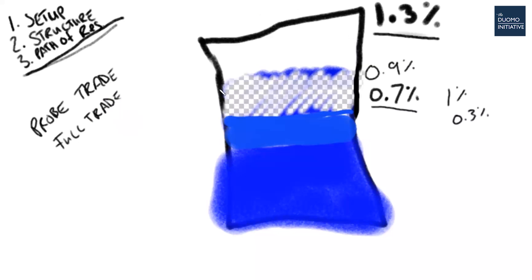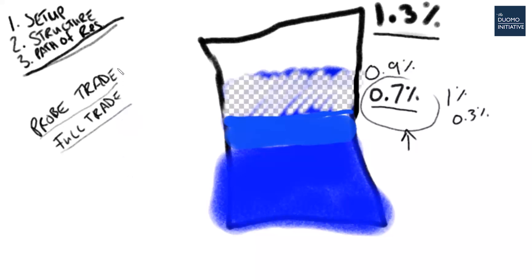So you watching this now, have a guess. 1.3% is the maximum that we'll allow for this trade, and we've decided on 0.7%. Do you think this is a full trade or a probe trade? A full trade or a probe trade?